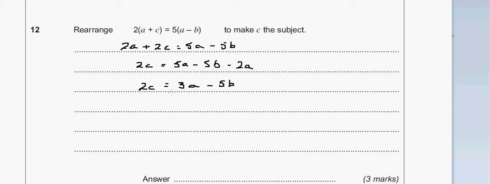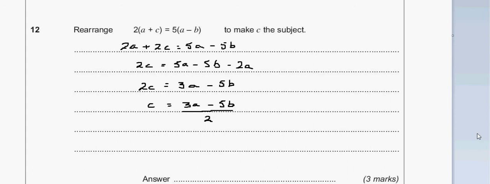Okay, now this is what 2C equals, so C must equal half of this. So C equals 3A minus 5B, and all of this needs to be divided by 2.